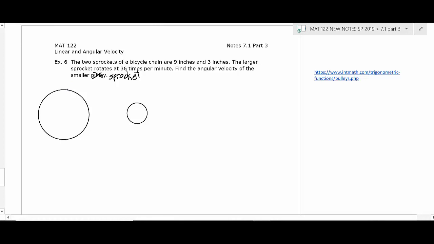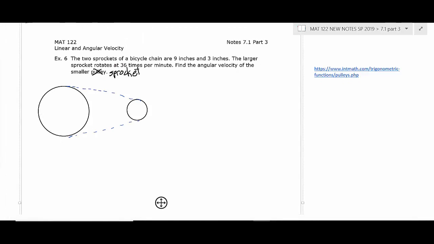And then around that, you got your chain connecting kind of like this. And then they're rotating. All right. Now, what we're given in this problem is it looks like we're given that. Nah, not that. I want a line. So I've got a line representing my diameters.